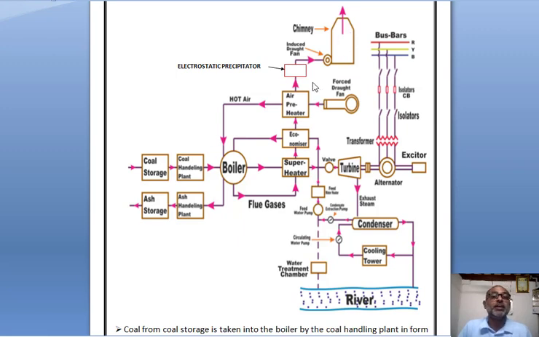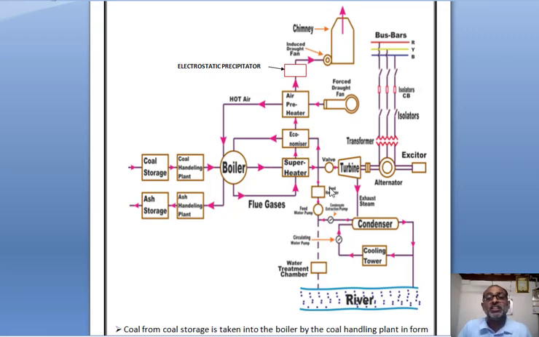So it is required to remove the ash particles from these flue gases before letting them into the atmosphere. For that, an electrostatic precipitator is used. Whatever flue gases come out from this air preheater pass through this electrostatic precipitator, which removes the ash particles present in the flue gases. So it is a most important function.